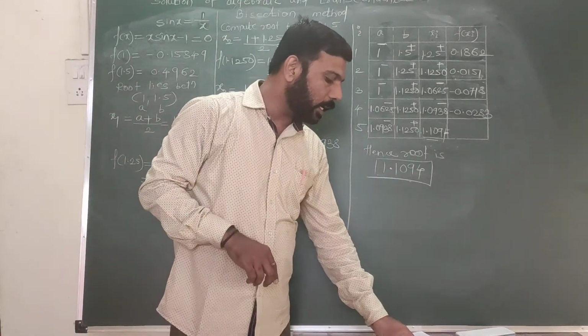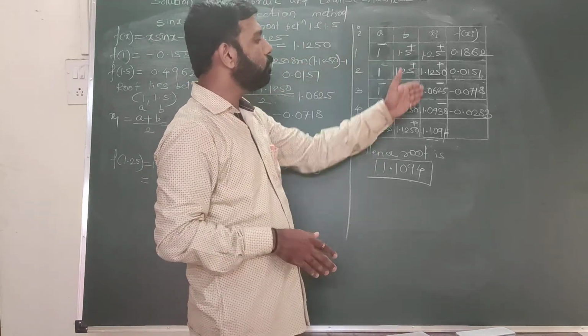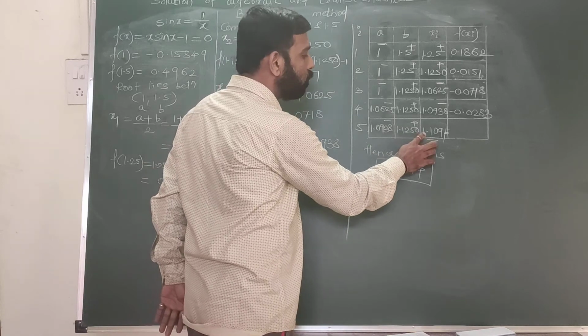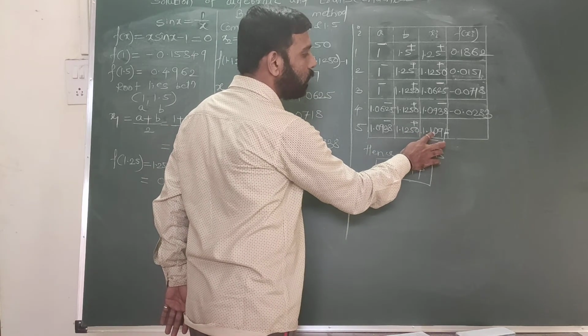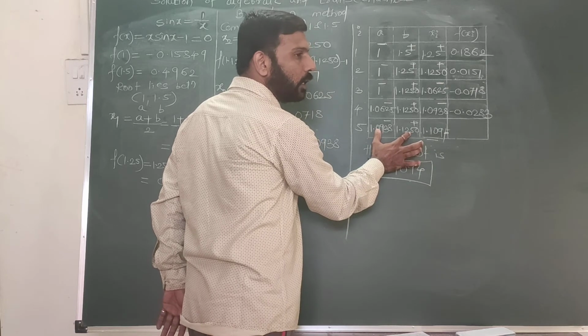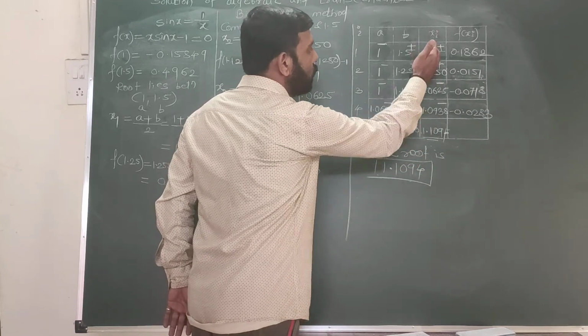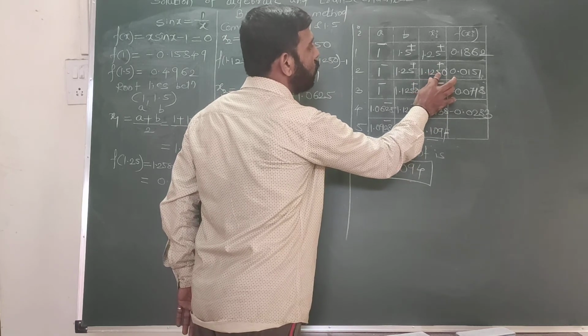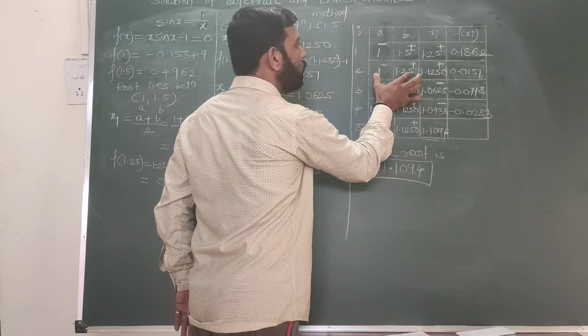Now we can verify our answer by observing this column. Each value we have calculated must be in the corresponding interval. Consider any value of this column, like 1.1250. This value must be in this interval.